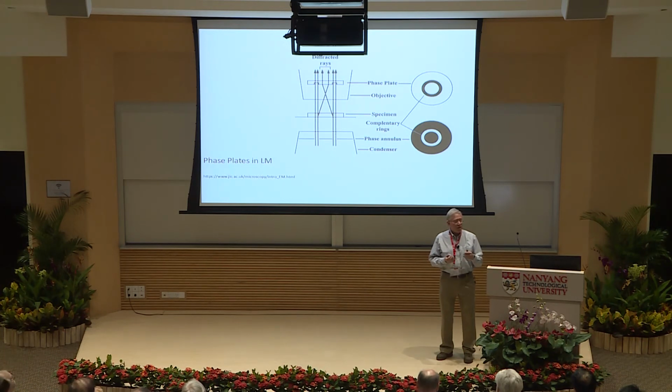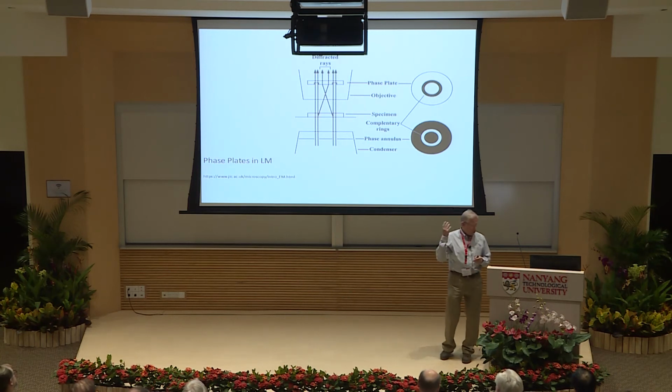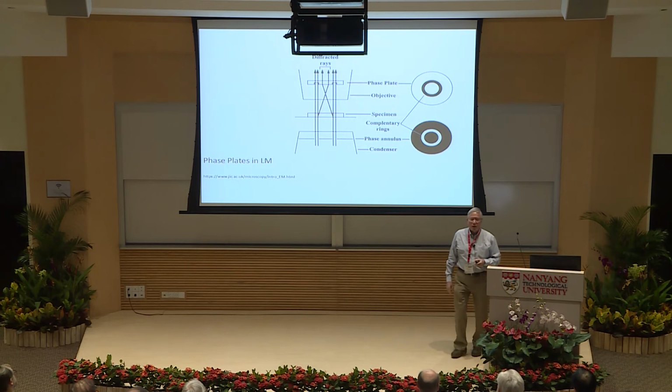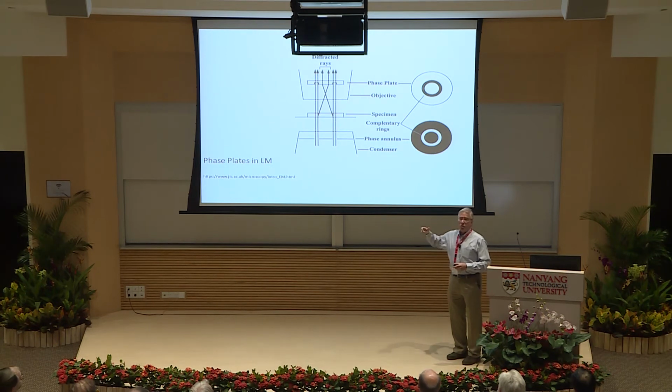We can see the difference in the amplitude. We cannot see the difference in the phase. And some objects give you very little amplitude change and quite a bit of phase change. So what the phase plates do, and this goes back to the times of Zernike in the 1930s, the arrangement that you see here simply allows you to convert phase changes into amplitude changes.